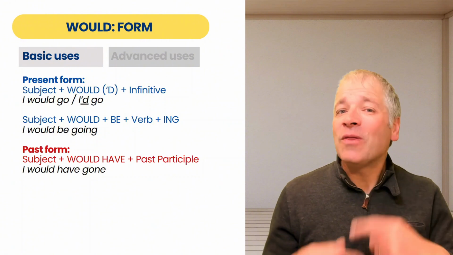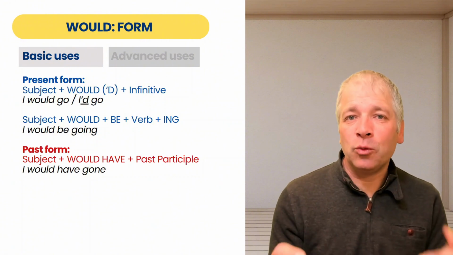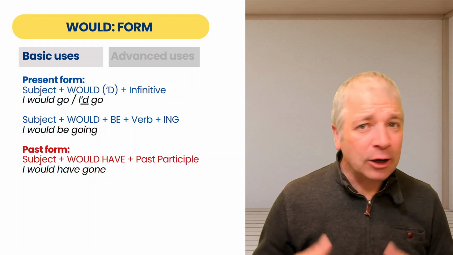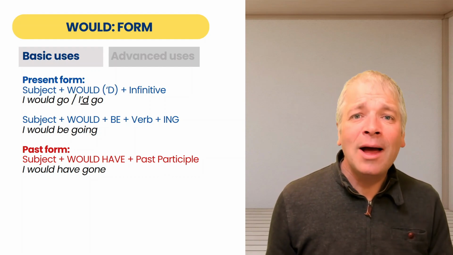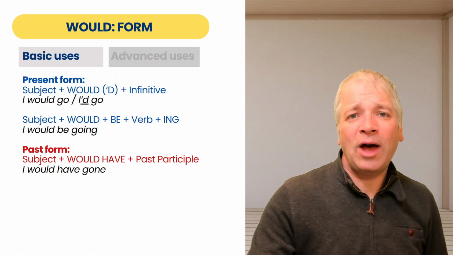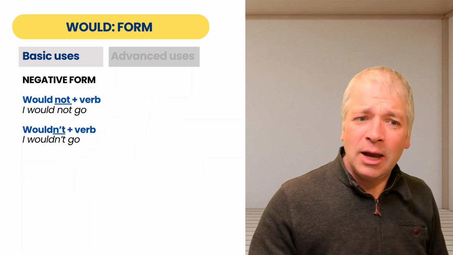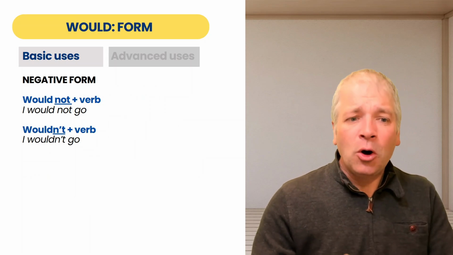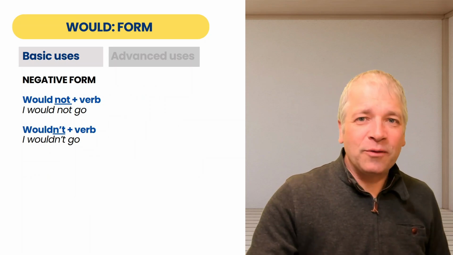I would go. There is also a contraction with would. I'd go is possible, apostrophe D if you're writing. It can also be used in the continuous form, and the past can be made with would, have and past participle. In the negative form, would not followed by the verb, or wouldn't followed by the verb.